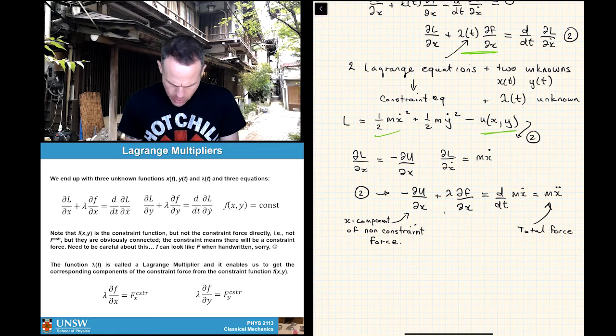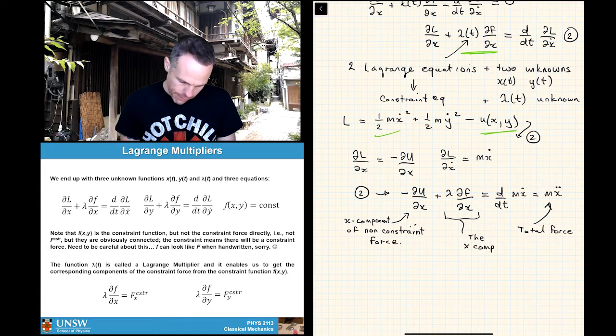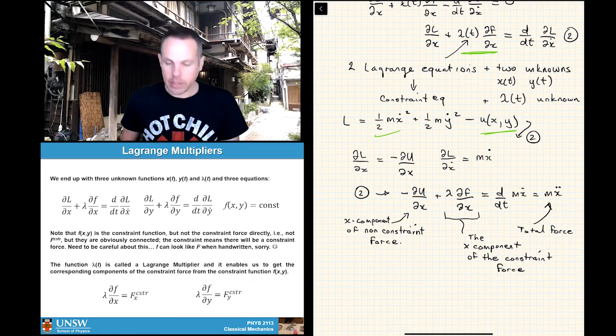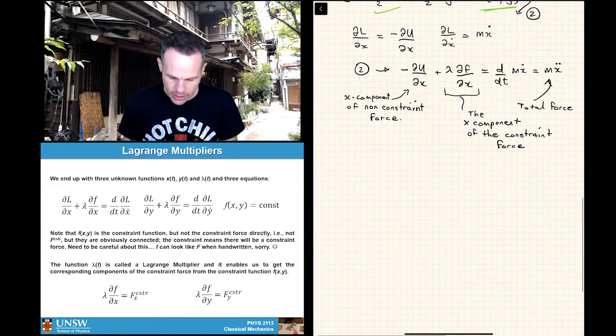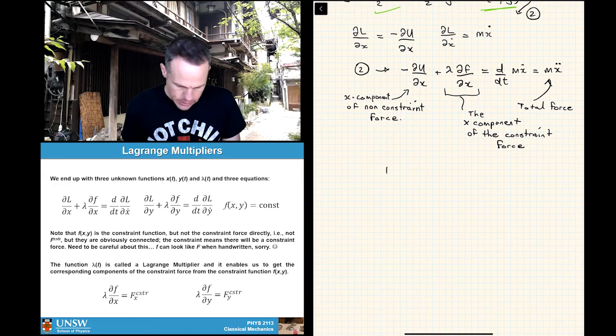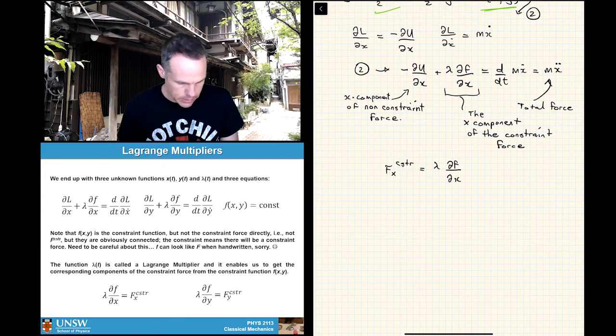And then this term in here that's hanging around in the middle ends up being the x component of the constraint force. We've just added in an extra little term in here. And so we can write this as F_x constraint is equal to lambda dF/dx, and we would get a similar one for y.